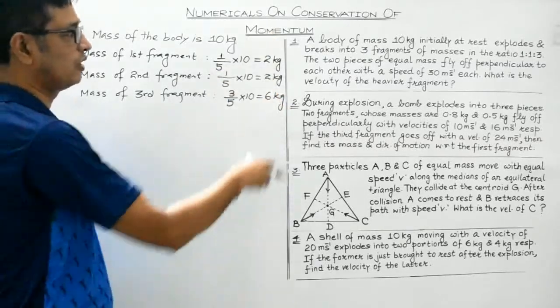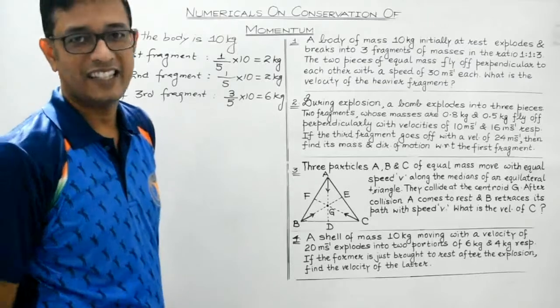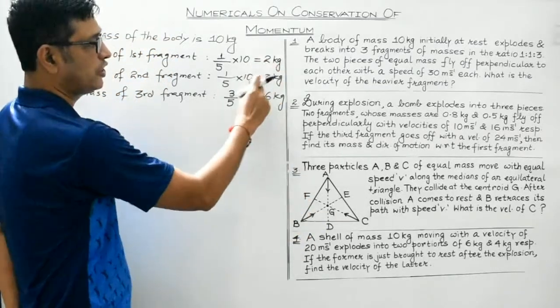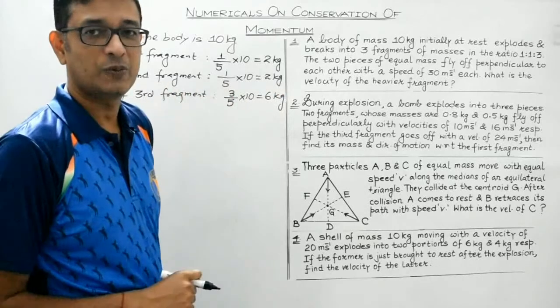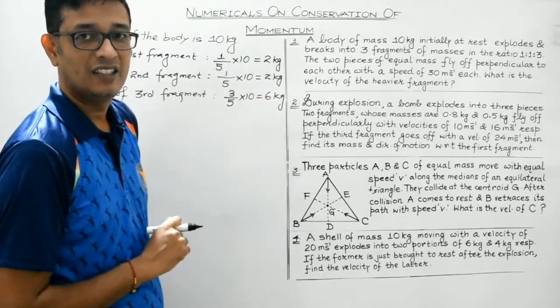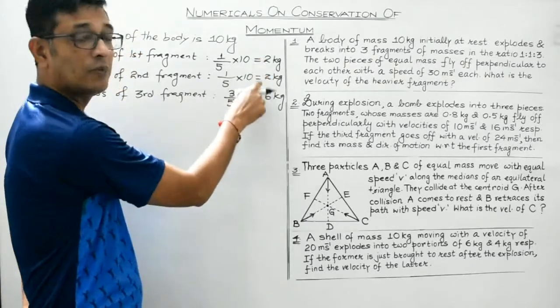These three fragments will combine together to form 10 kg, isn't it? So the masses of the three fragments are 2 kg, 2 kg and 6 kg respectively. So this is the heavier fragment, its velocity is to be determined. And these are the fragments of equal masses.